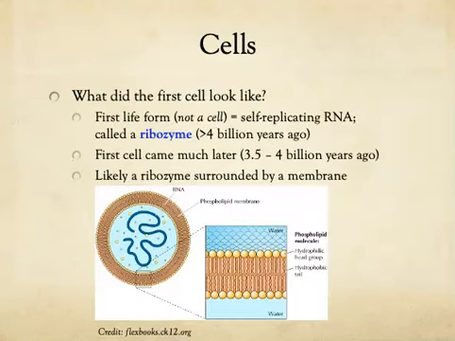So while we are still gathering experimental information about where the first cell came from, we're well on our way to understanding how it could have happened on our early planet. We now believe that the first life form that emerged on planet Earth was not actually a cell. In other words, cellular life evolved from a more primitive form of life, a very primitive form of life, what would have been a self-replicating RNA molecule.